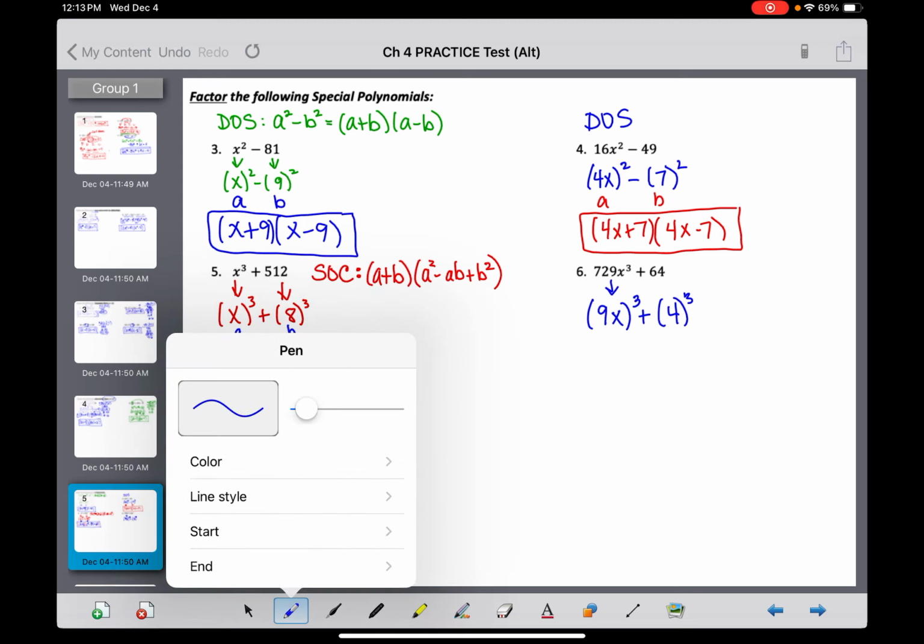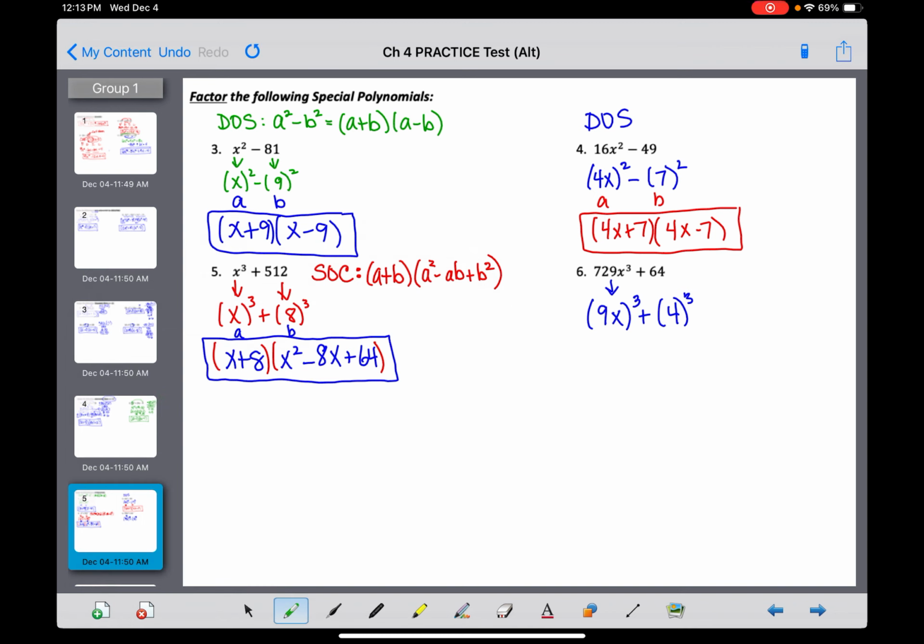All right, so I know my a and my b, and it is the same factoring pattern that I already have written down because it's another sum of cubes. So I just have to put a plus b in my first parenthesis, so that is going to be 9x plus 4. And then the second parenthesis, remember, starts with a squared. This is that bear trap that I keep talking about. When we square our a term, which is 9x, remember, that's not going to be 9x squared.